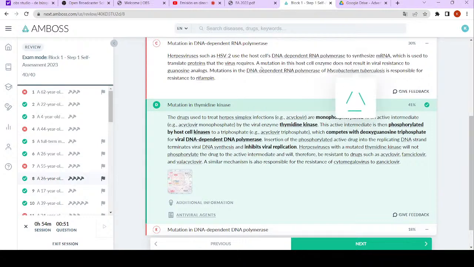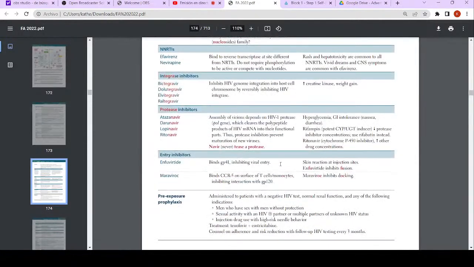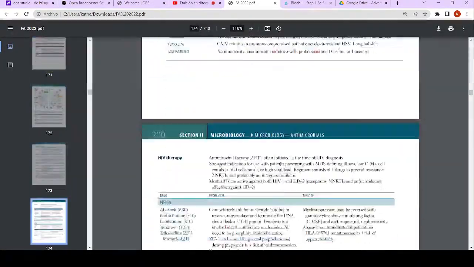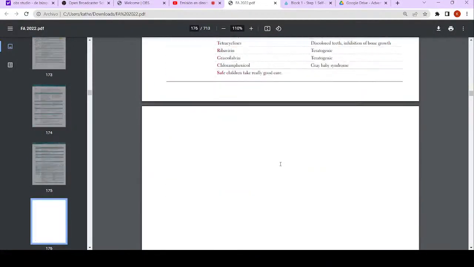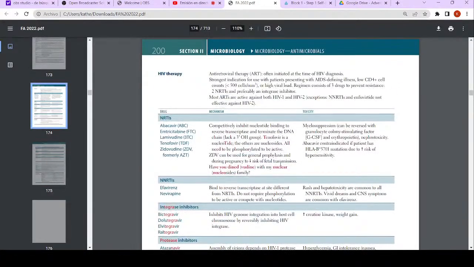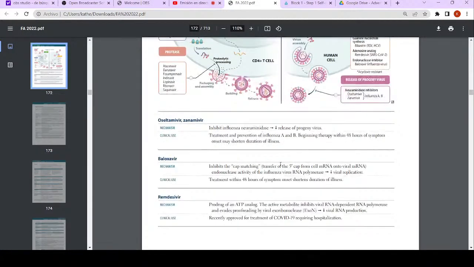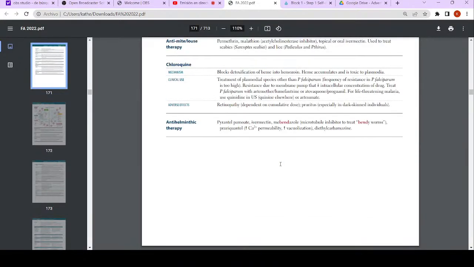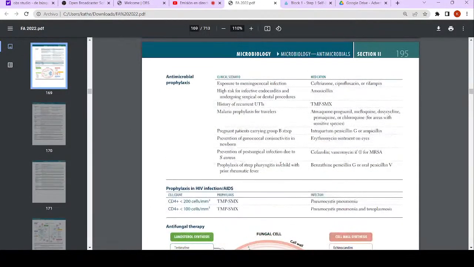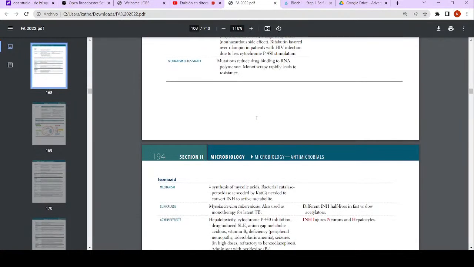Here you can see rifampin. Rifampin is an antimicrobial, sorry, an antibiotic.